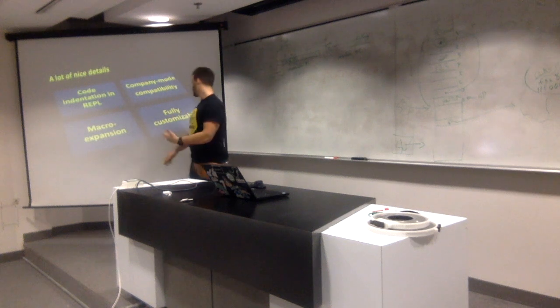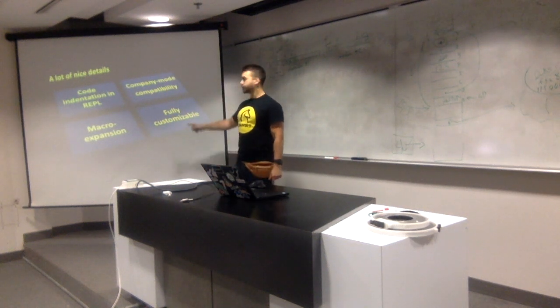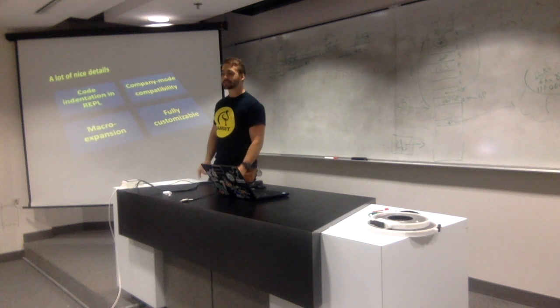Macro expansion, I already talked about it, and this one is very important, right? Someone that uses Emacs knows that full customization ability is mandatory. It's the same with Geyser.